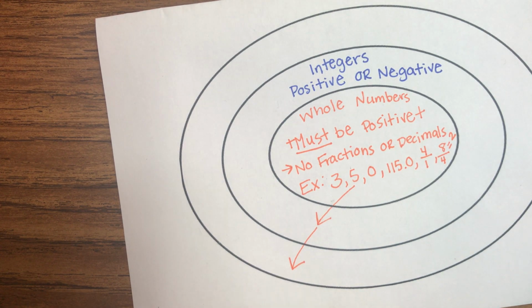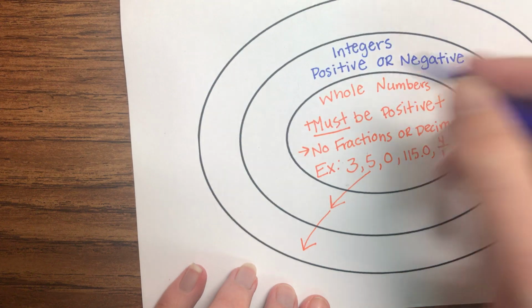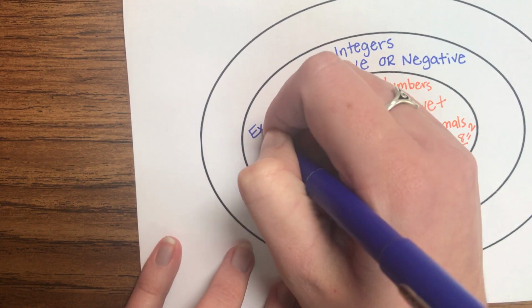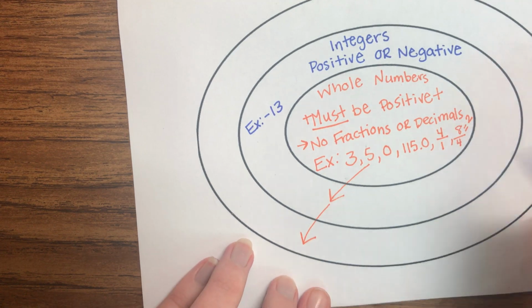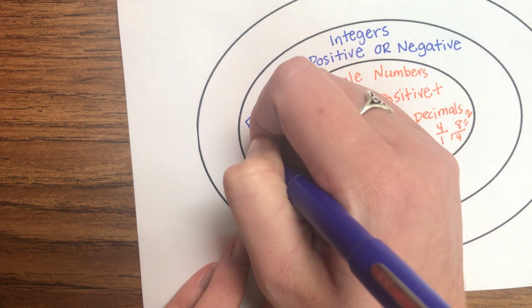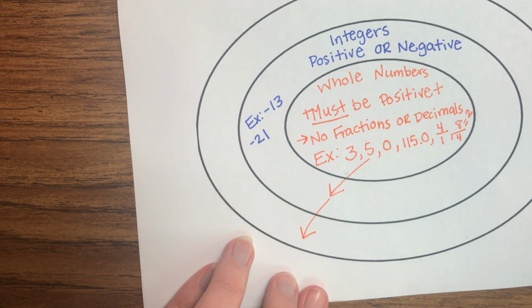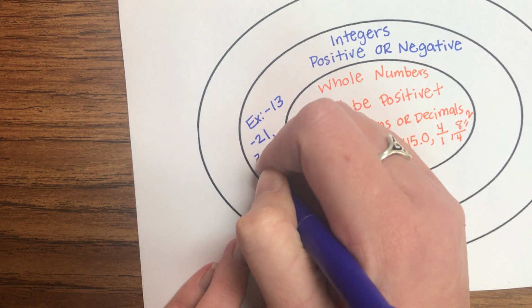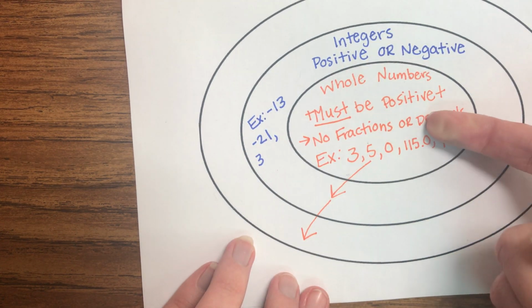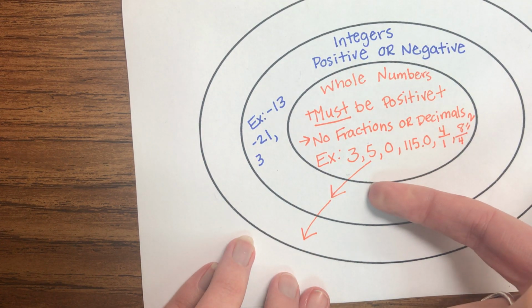So these are the numbers on our number line. So for example, we could do negative 13, negative 21. We could still have our positives as well, so our 3 still works in here, because again, if you're in the middle, you're also a part of this outer ring.